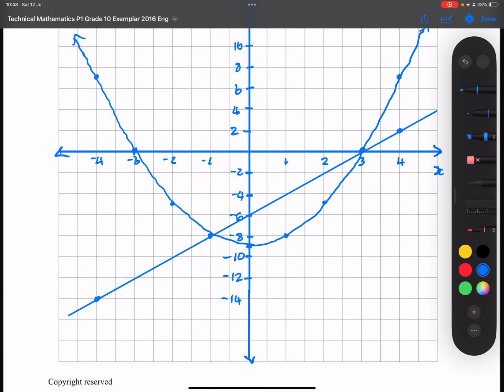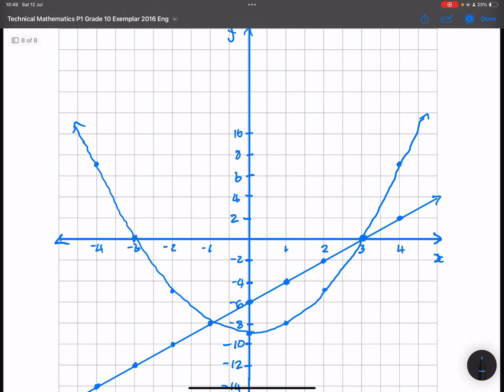Okay, and what we can do is just connect all the other points that are related. They will correspond because this is an accurate graph. So there's the other point at 1, at 2 it was negative 2, at 3 it is 0, and at 4. So there is your g of x. Now, please don't forget to label your graph.